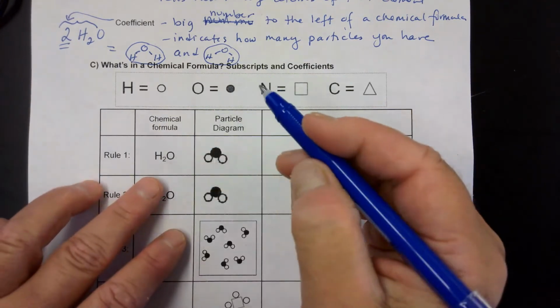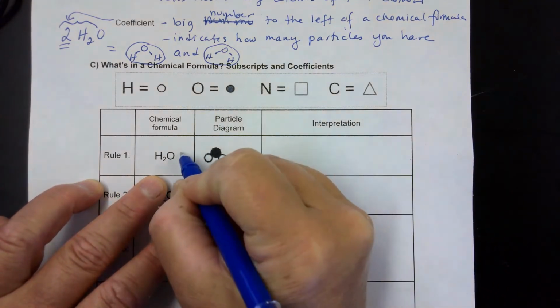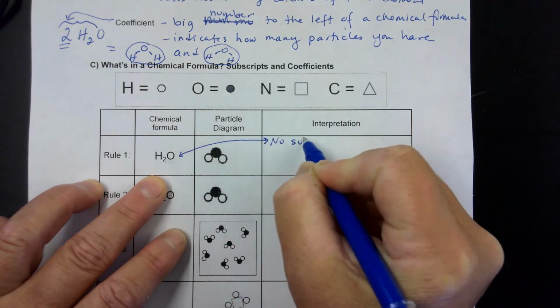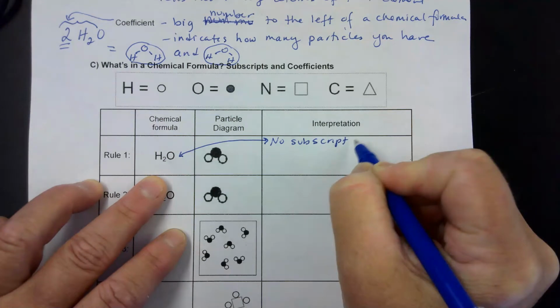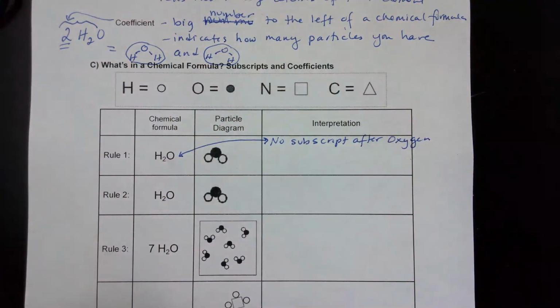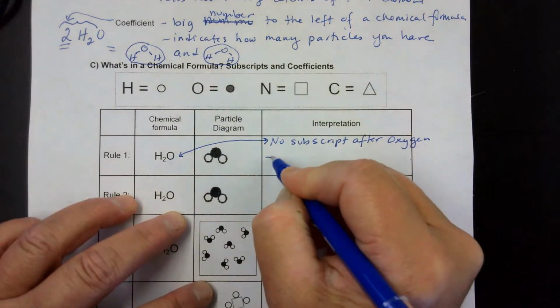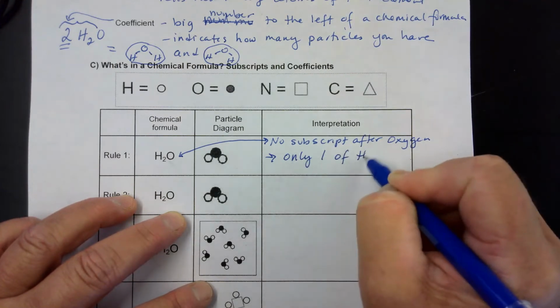First rule that we're going to talk about is the fact that there is no subscript after the oxygen. When you see that there is no subscript after the oxygen, this means there is only one of that atom.